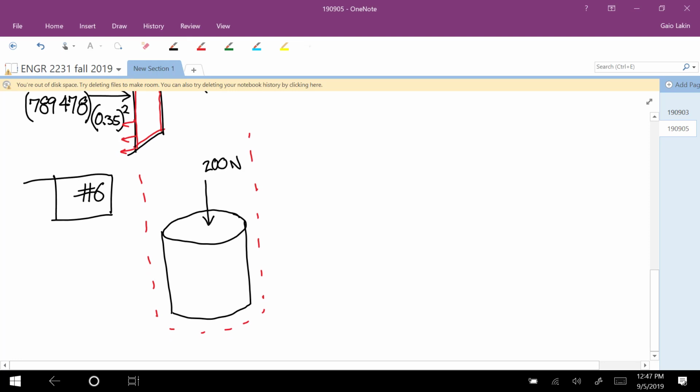We also have a force pushing down of 1.01 times 10 to the 5th pascals times that cross-sectional area, which is pi times 0.05 squared.